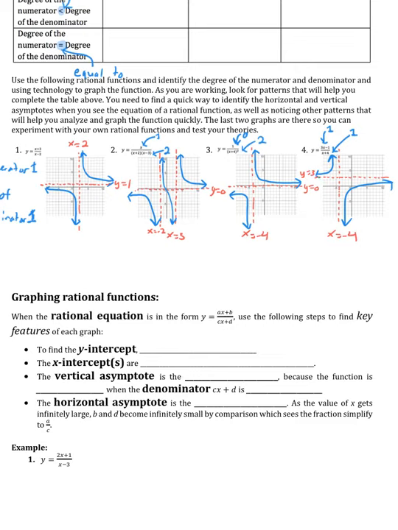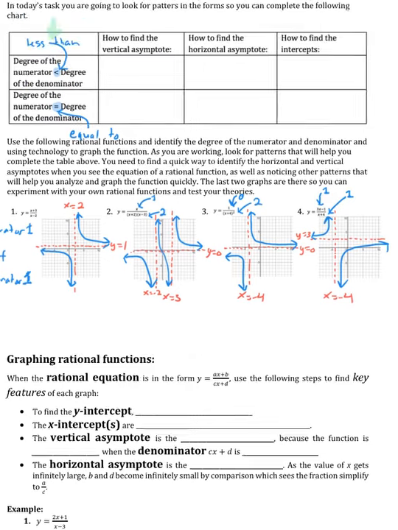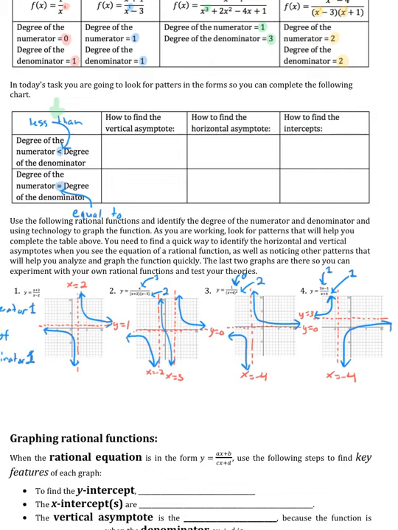All right. And again, it's based on identifying the intercepts and the asymptotes. So let's talk about how to find those. We just used Desmos to graph these ones, or technology. You could use a graphing calculator as well. But how do you find the vertical asymptotes of these equations?